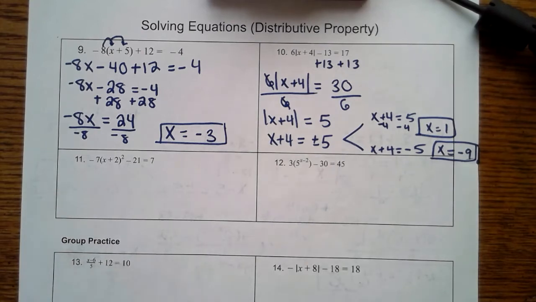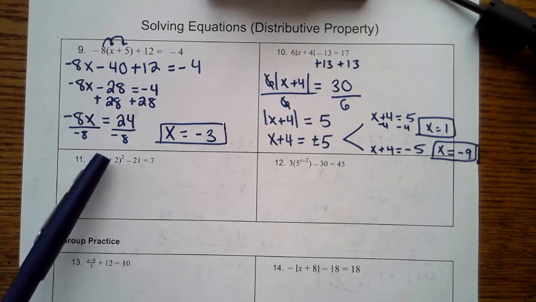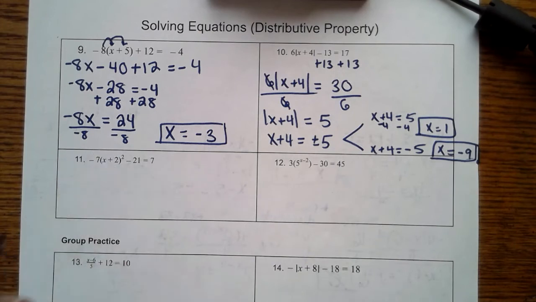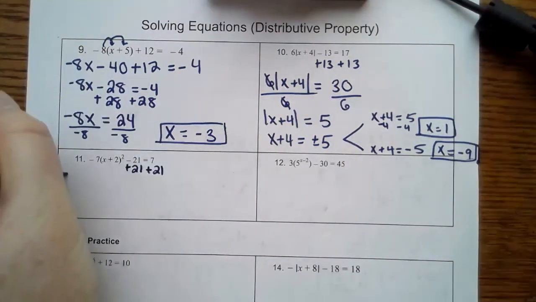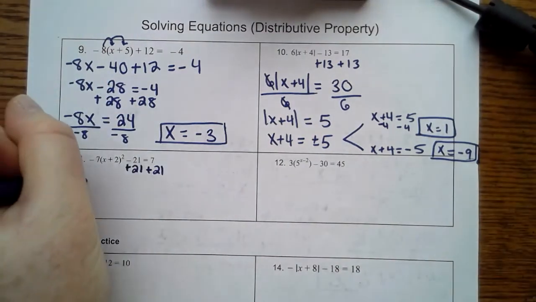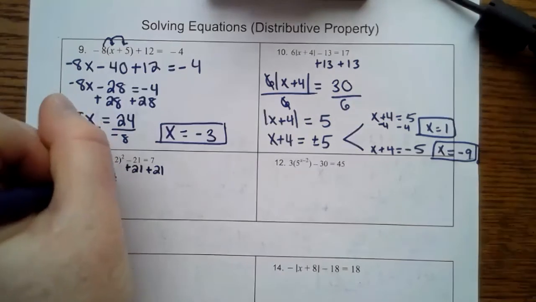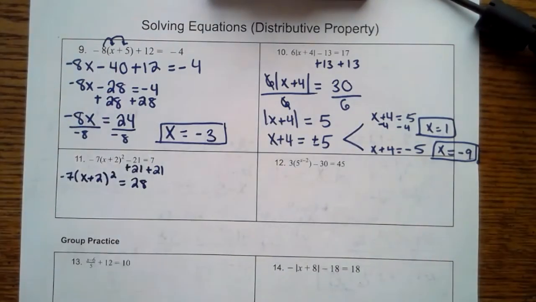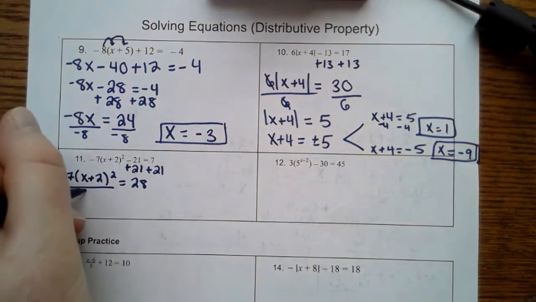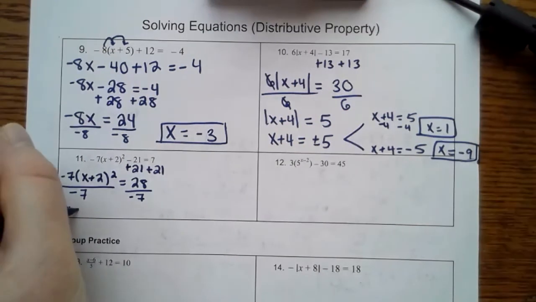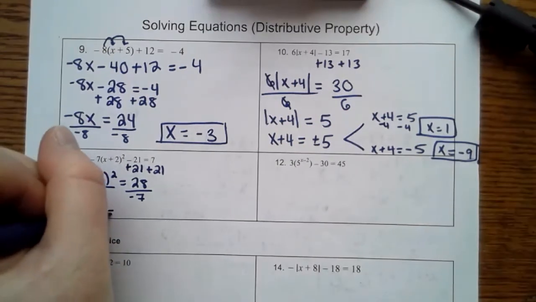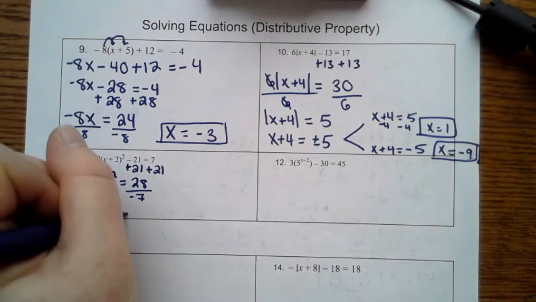Okay, let's try number 11. I cannot distribute into the square, so I'm going to work around it. And I'll divide by -7. Dividing this positive by a negative is warning me that I probably won't be able to move forward.